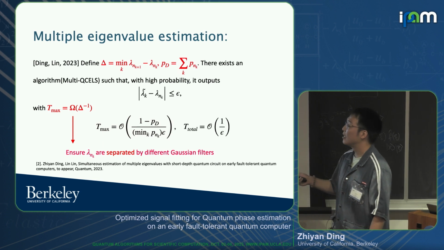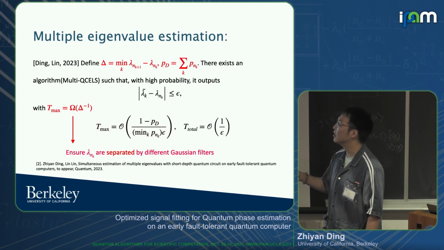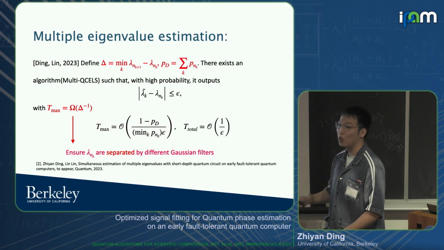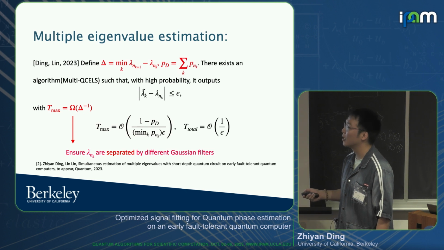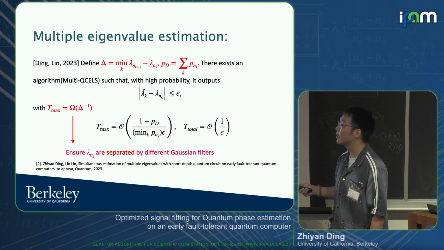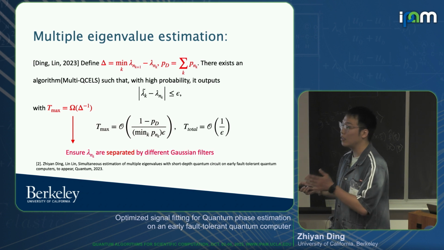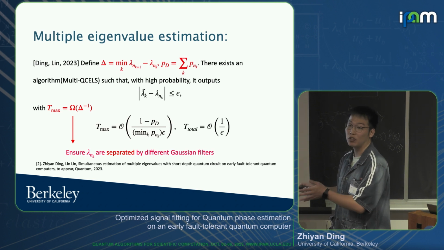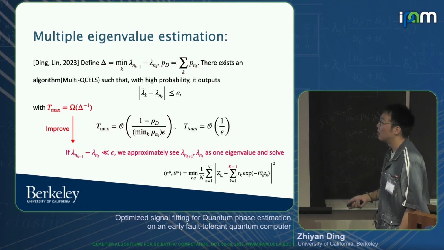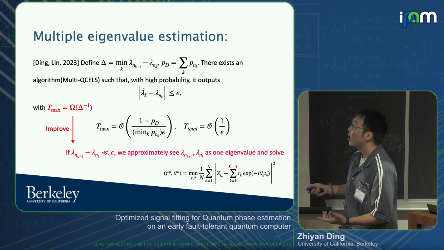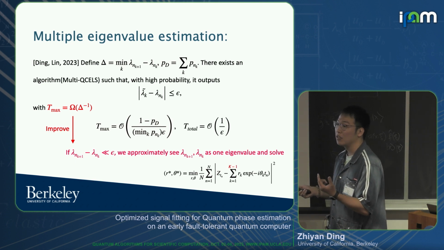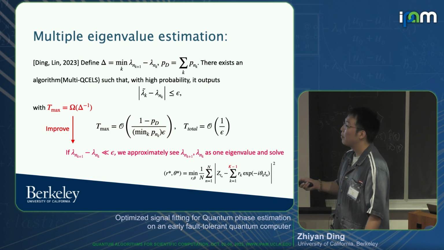Okay, so why we want to make this T_max larger than 1 over delta is essentially because when I construct my Gaussian filters, I want to make sure that my capital T is large enough so that different eigenvalues can be separated by different Gaussian filters. But in real application, let's say I have two dominant eigenvalues which are very close to each other, meaning that lambda_nk plus 1 minus lambda_nk is much smaller than epsilon.